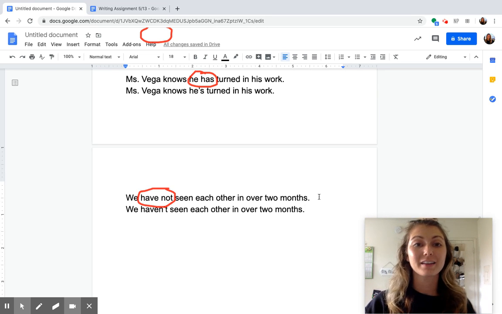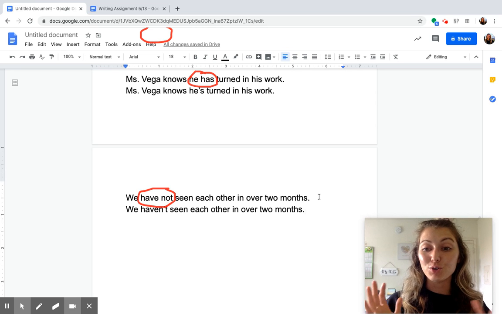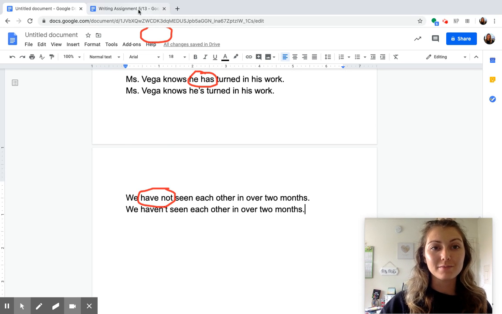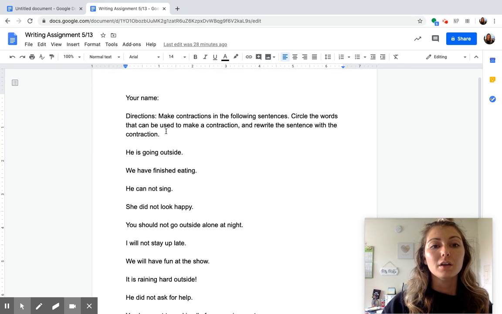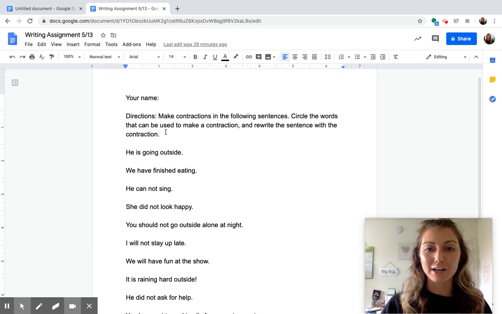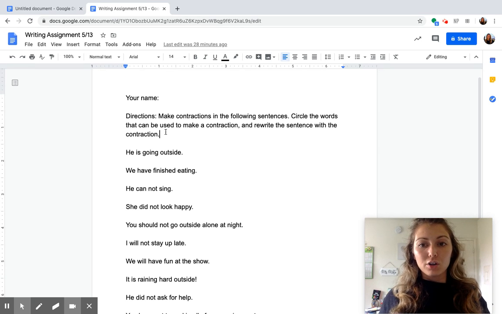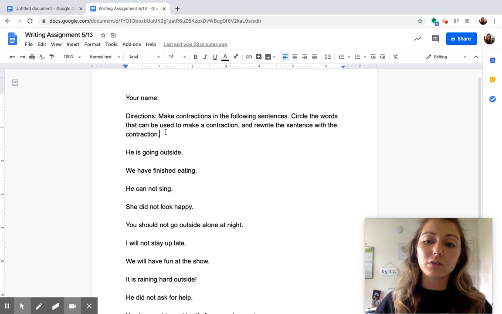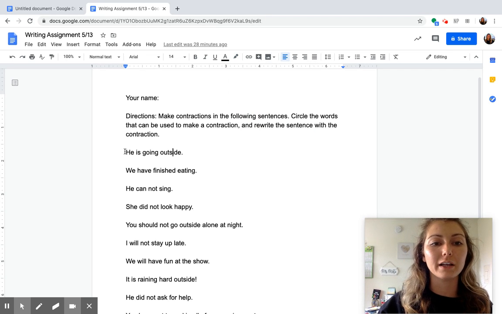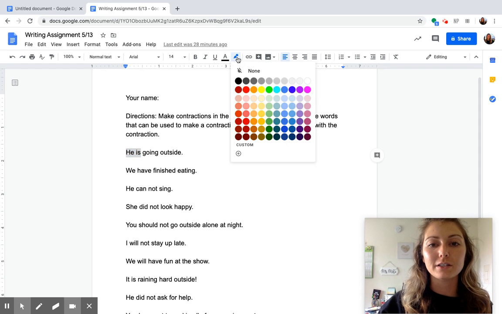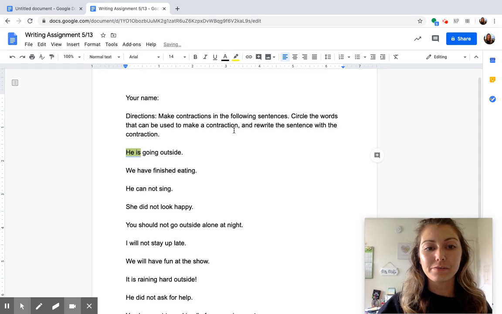Done. I hope that you got a lot out of that practice and you understood what to do, because in your independent practice today, you're going to be doing the same thing. The directions are the same. You're going to make contractions in the following sentences. You're going to circle the words, or if you don't know how to circle, you can highlight the words. Remember, we can use our highlighter up here. Select a color to highlight, making sure that we click and drag whatever it is that we would like to highlight.